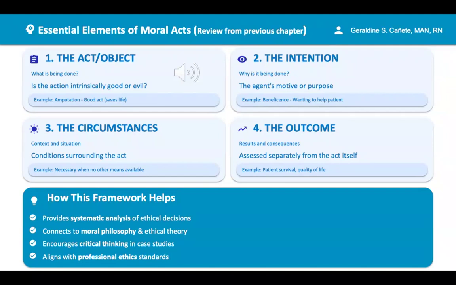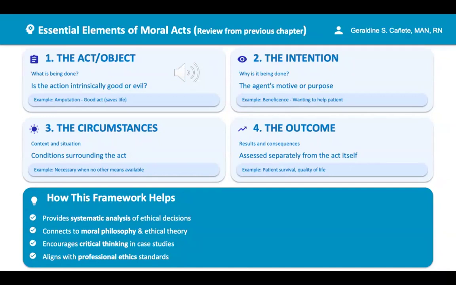What if the patient survives the amputation but experiences significant pain and disability? How does that affect the overall ethical evaluation? Okay? The outcome helps us to determine whether the action was truly beneficial, right?